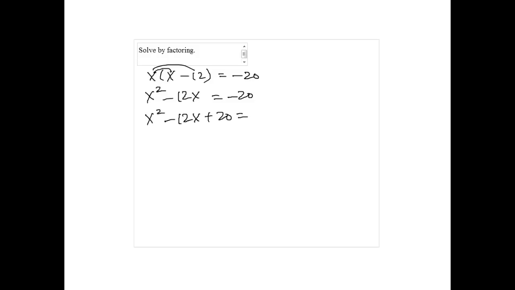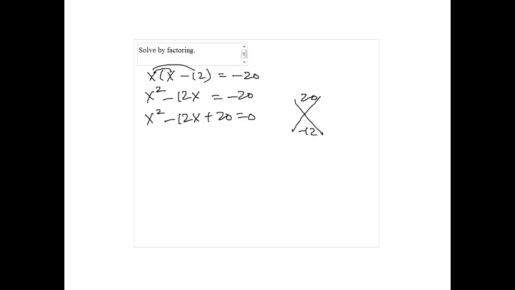Solve by factoring. x times x minus 12 equals negative 20. First, we distribute x to both terms inside the parentheses, so x squared minus 12x equals negative 20. We have x squared minus 12x plus 20 equals 0.